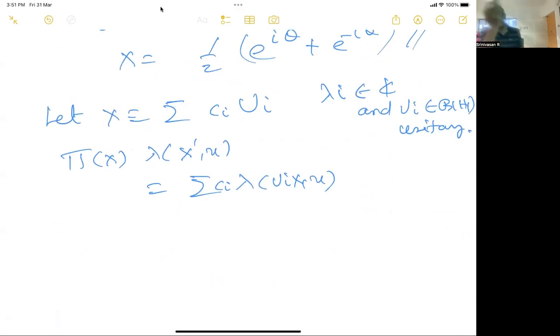If it is well defined, then we can define it like this. Then it is just left multiplication. It is clear it's a homomorphism, right? So we have defined it on all.